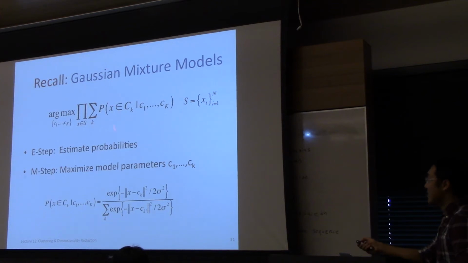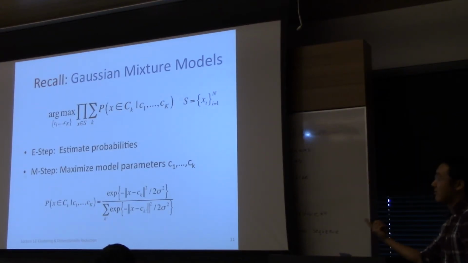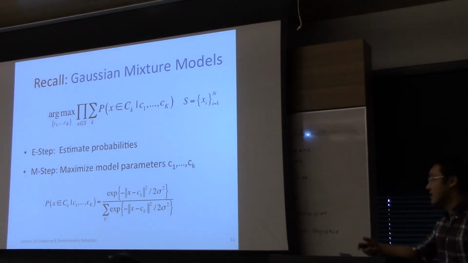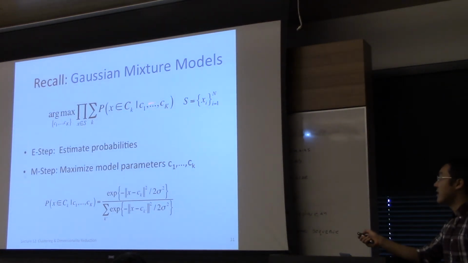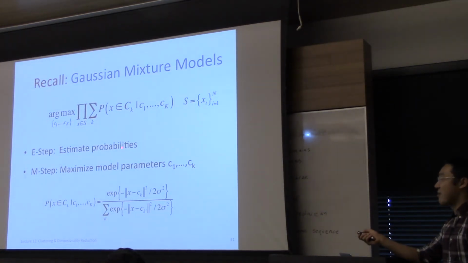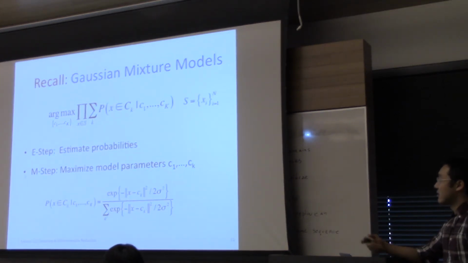And then in the M step, given these estimated probabilities, we would pick the cluster centers, the model parameters, that maximize the probability of the data. Just like in HMMs. The EM algorithm is a very generic algorithm where if you assume that there are hidden model parameters that summarize your data, then you alternate between estimating probabilities and setting model parameters to maximize the likelihood of your model given the estimated probabilities.